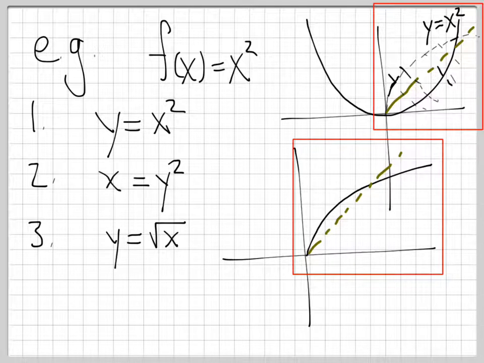And if you flip the square root function over, what you would definitely get is x squared. So they definitely look like you have flipped them over y equals x.